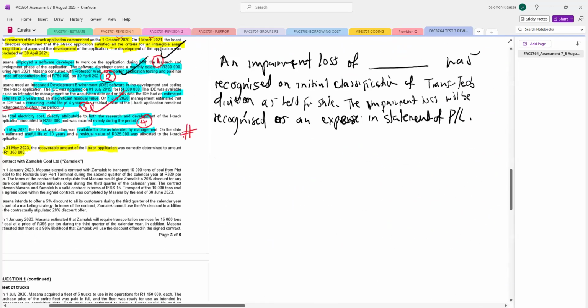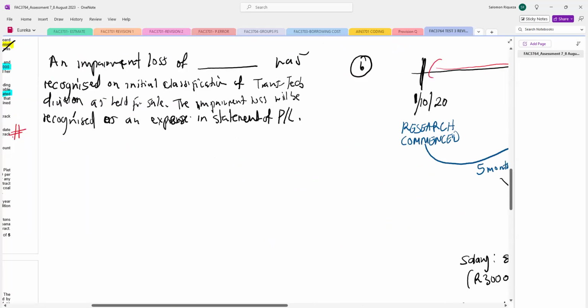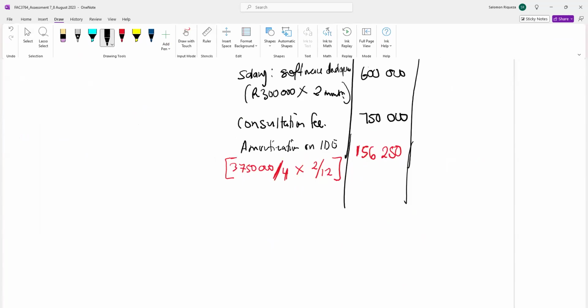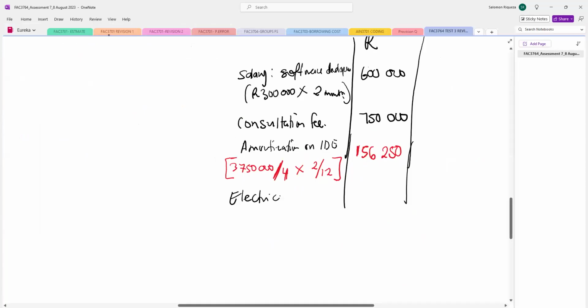So I'm going to take my 288,000 and apportion it: 288,000 multiplied by 2, which is the development period, over the total of 7 months. So 2 over 7.